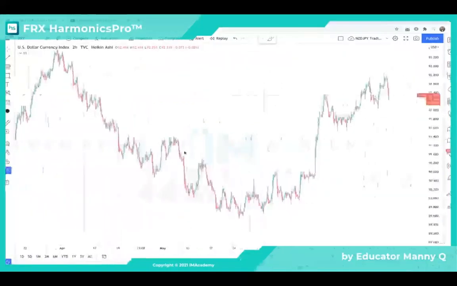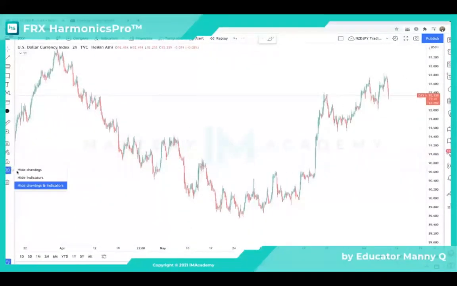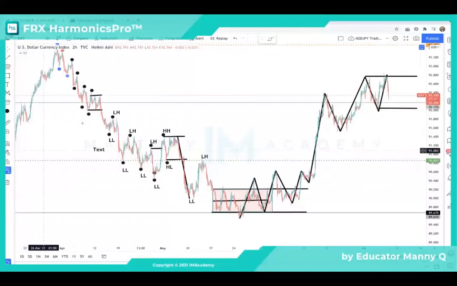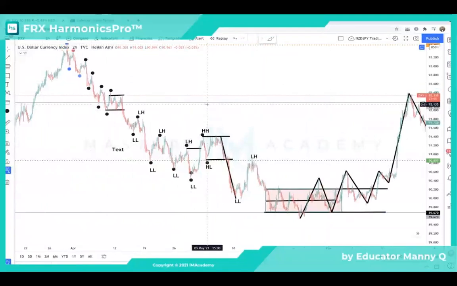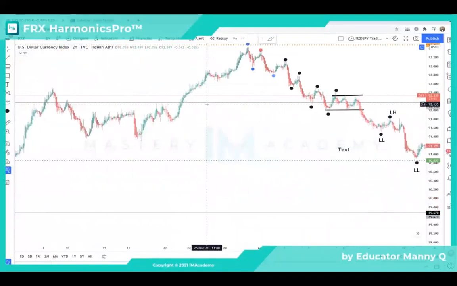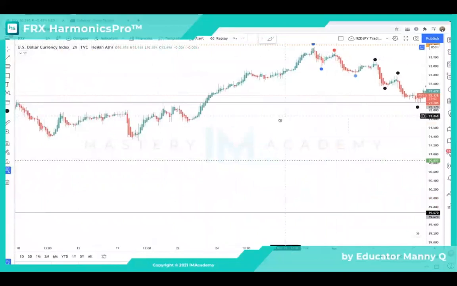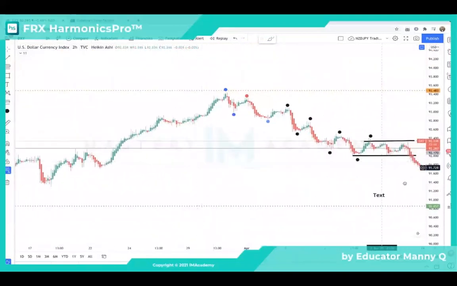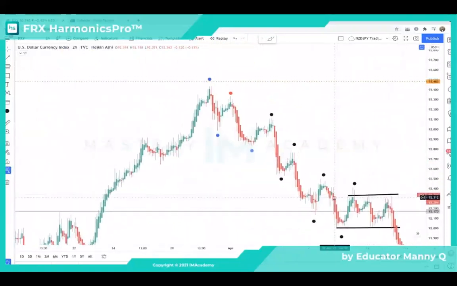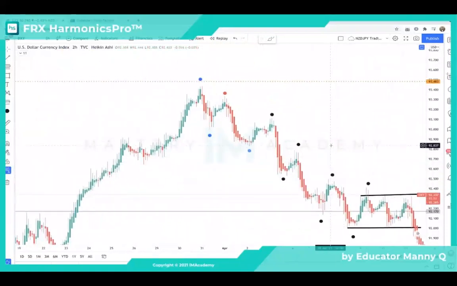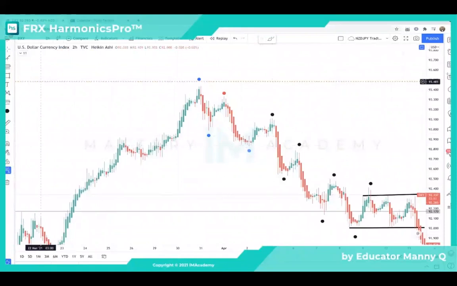So let's come back over here. Let's take a look at the DXY. We'll look at a previous analysis and a regular analysis. So let's come on over here and take a look at these high points in the market.